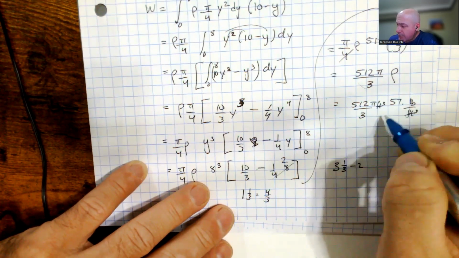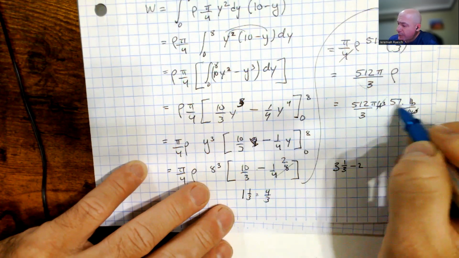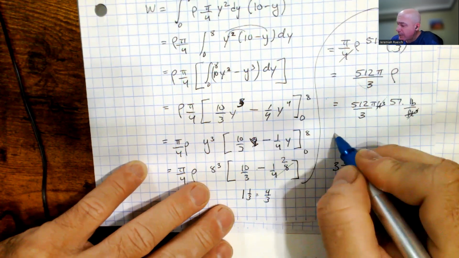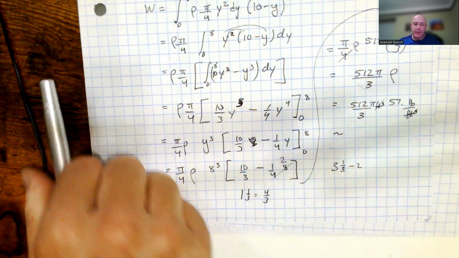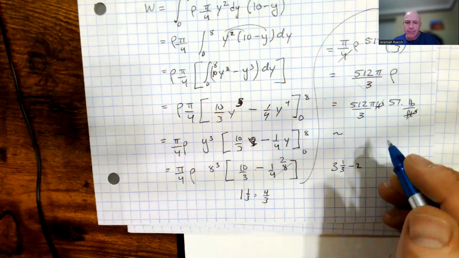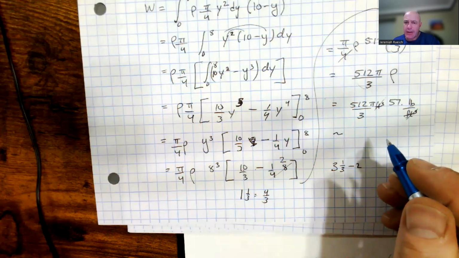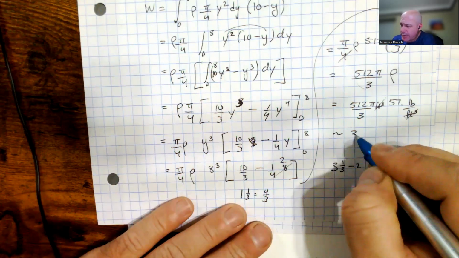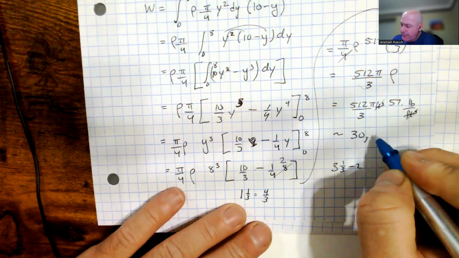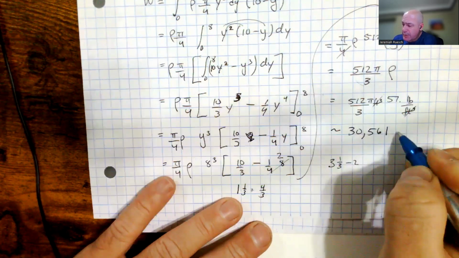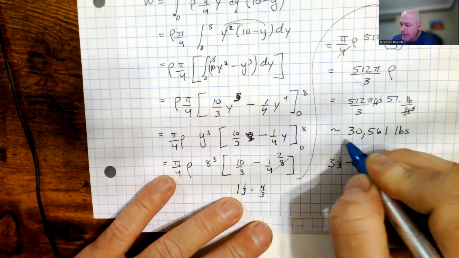And since this is the volume in cubic feet, those cancel out, and so this product gives us the amount in pounds. Plugging that in the calculator, I'm getting about 30,561 pounds.